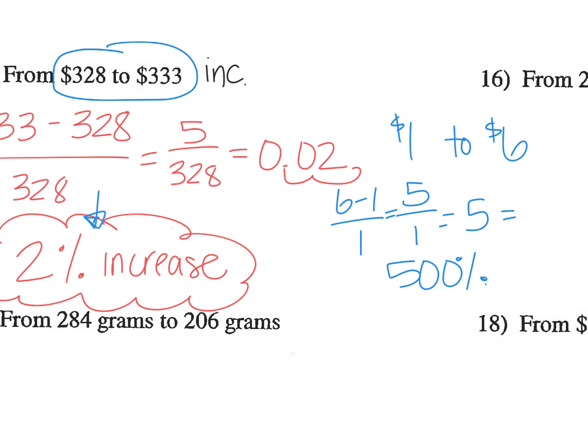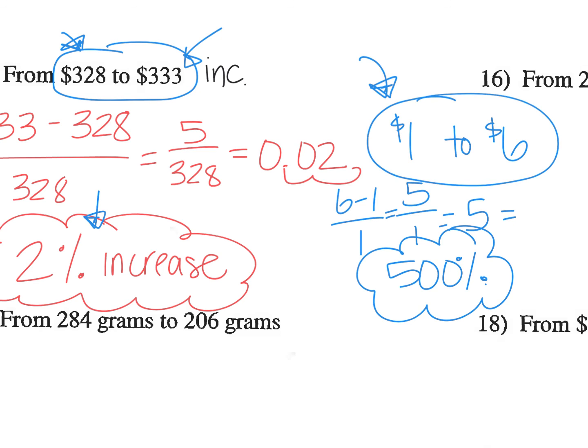But because this value is so small and it's less than $5 and we increased it by $5, that's why we get such a big percent increase compared to when we start with such a huge number and we only increase it by a little bit. So increasing it by $5 here is just a tiny bit compared to increasing by $5 here. So that's why our percent of increase is different, even though both of them are being increased by $5.